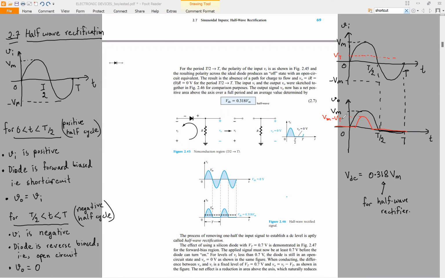Because if the diode is ideal, the diode will turn on when Vi is positive. But in the simplified model, the input voltage also needs to cross the threshold voltage. So the maximum output voltage will be Vm minus Vt.